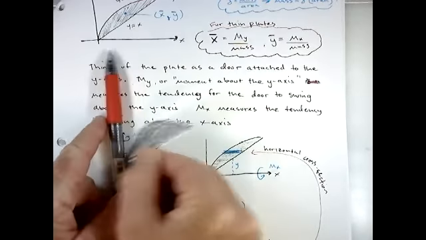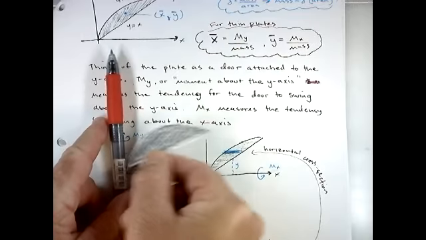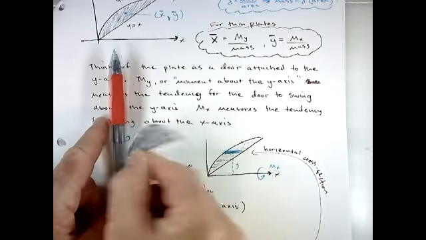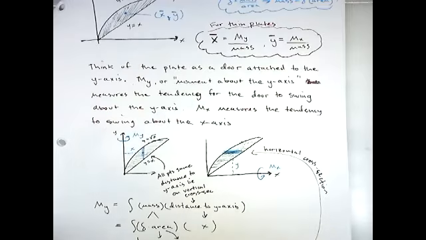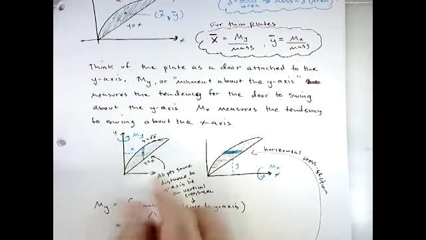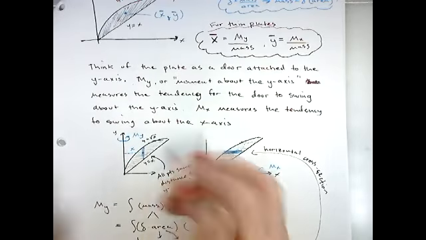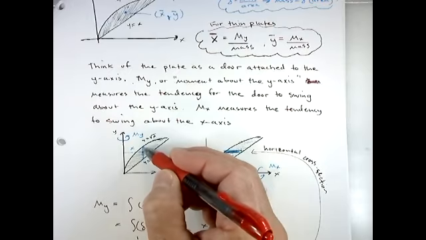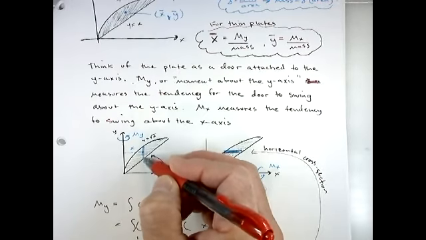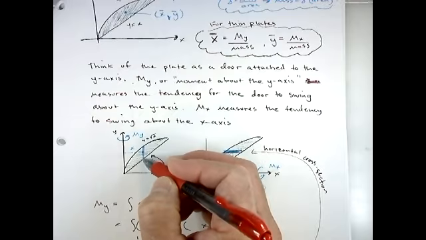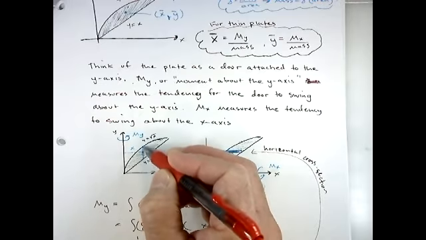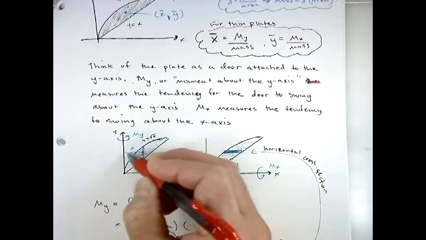Imagine this was the y-axis and this thing could swing around the y-axis, okay, like this. And this thing has mass, and because it has constant density, all points along a thin vertical strip of this door, if you will, has a certain mass that is applied at a certain distance.